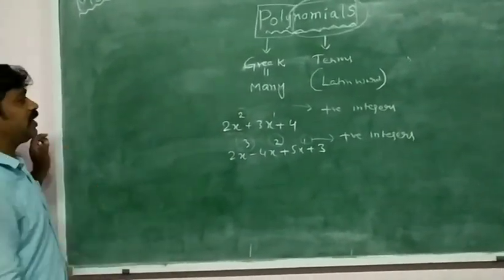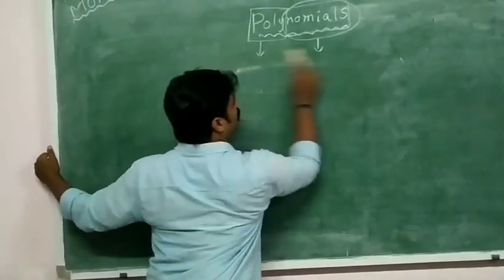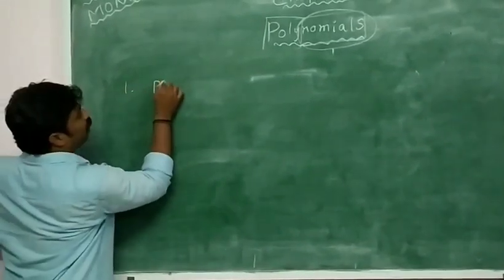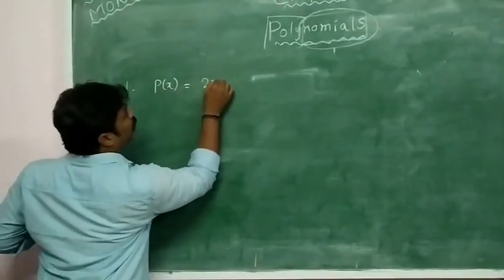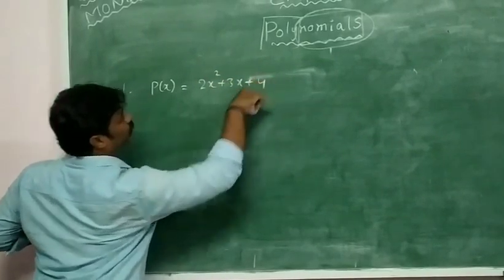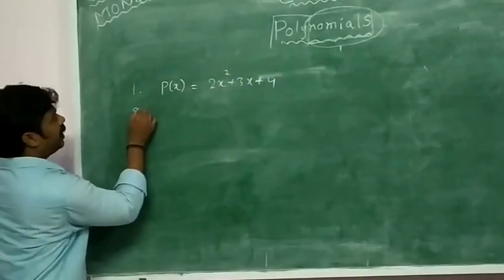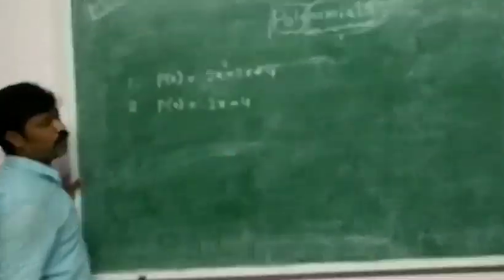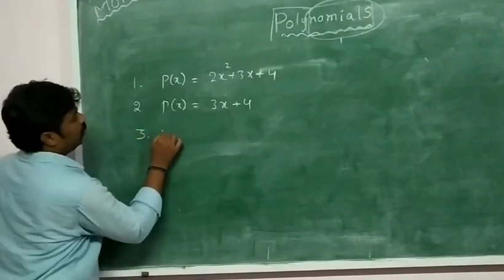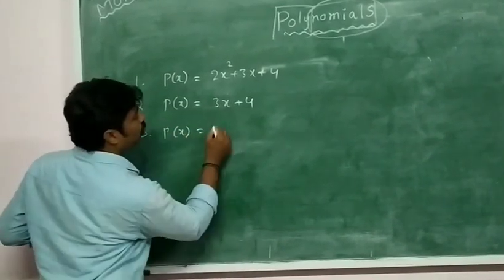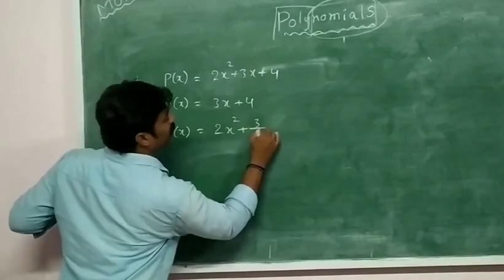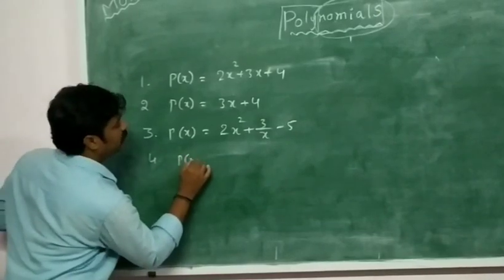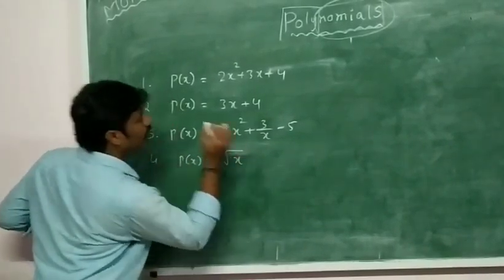Now we will see some examples which are polynomials and which are not. Take one example, p of x is equal to 2x square plus 3x plus 4. Take a second example, p of x is equal to 3x plus 4. And take another example, p of x is equal to 2x square plus 3 by x minus 5. And take another example, p of x is equal to root x.